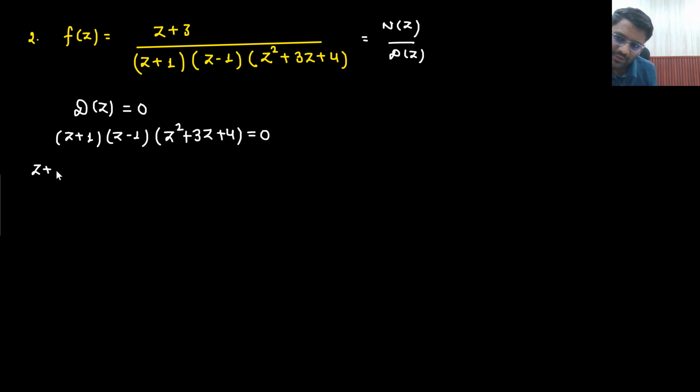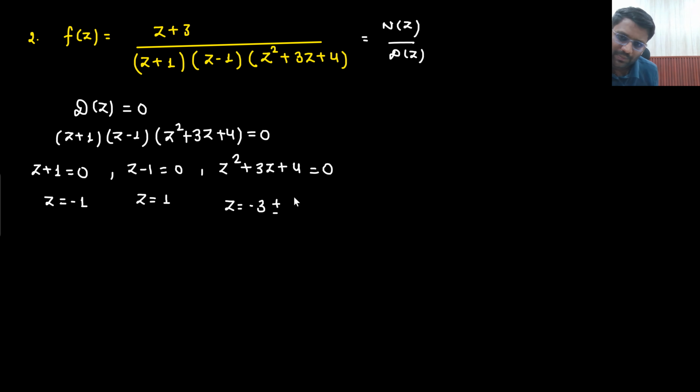So from here z plus 1 equals 0, so z equals minus 1. z minus 1 equals 0, so z equals 1. z square plus 3z plus 4 equals 0, so z would be minus b plus minus under root b square minus 4ac upon 2a, that is minus 3 plus minus under root 7 iota divided by 2.